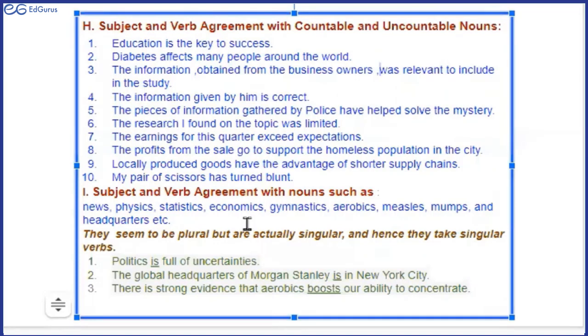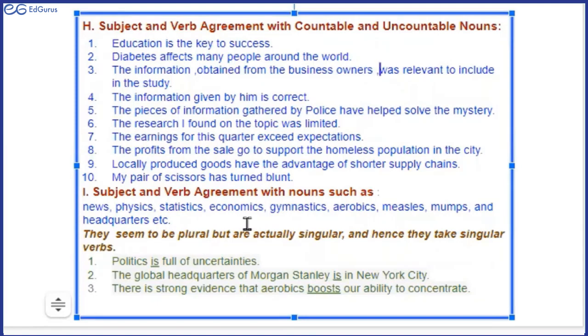Now, physics is not countable, statistics is not countable, economics is not countable because they are vast subjects. Some examples are given there. Politics. Politics is full of uncertainties. Politics is a dirty game, we say. We treat it as a singular subject.